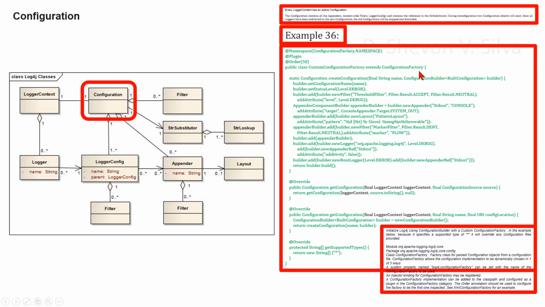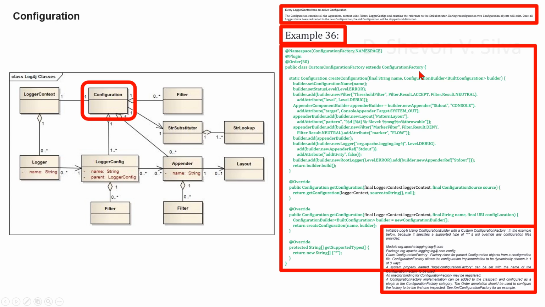An injector binding for ConfigurationFactory may be used. A configuration factory implementation can be added to the class path and configured as a plugin in the ConfigurationFactory category. The Order annotation should be used to configure the factory to be the first one inspected.